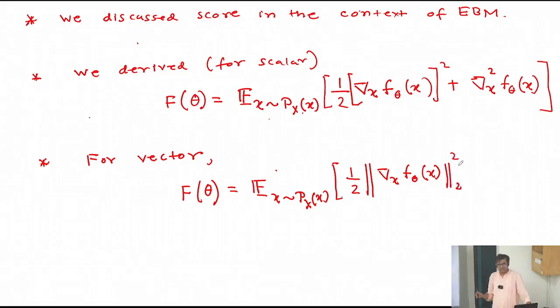And this is kind of straightforward what will happen. I mean, you can imagine it has to be a scalar term. So norm. But the second term is not so obvious. The second term will be trace of the Hessian.